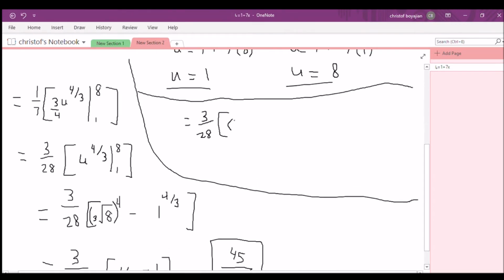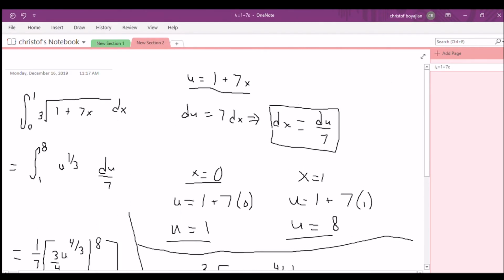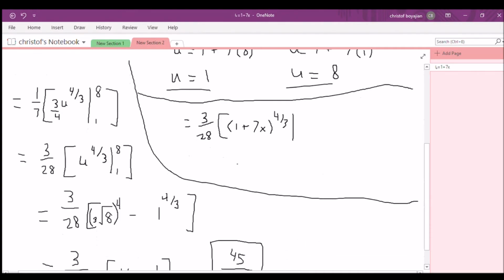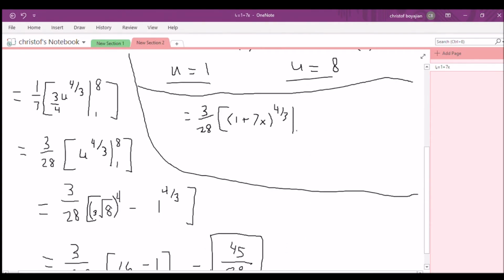So 1 plus 7x to the 4/3. And now we can change our limits back to what we had earlier from the problem statement. So 0 to 1, because now we substituted u back into x. So now our limits are back in terms corresponding with x here.